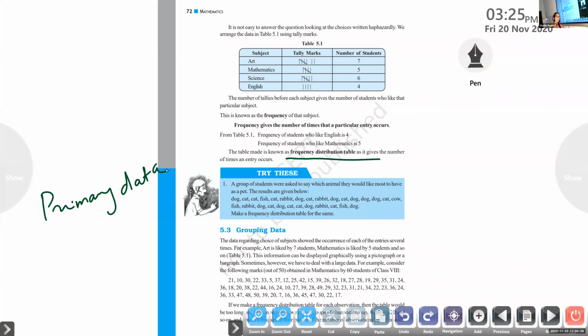And when we use that data for some studies, after that, if anyone needs the same data again, suppose Pooja collected the whole data and she used that data for some analyzing, for some studies. After that, suppose Lakshmi also wants the same data for some other studies.